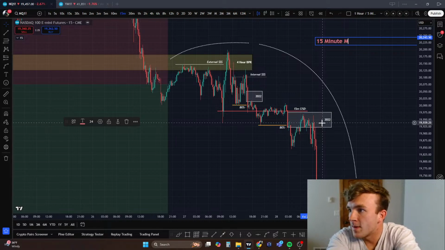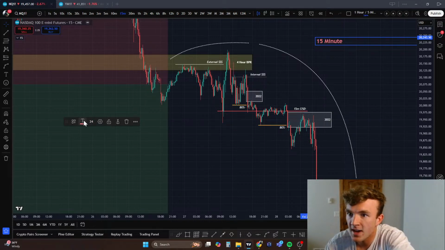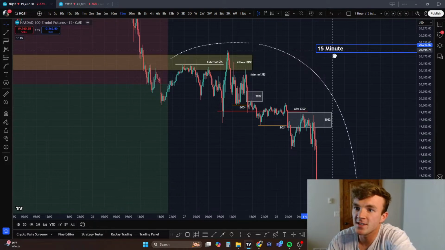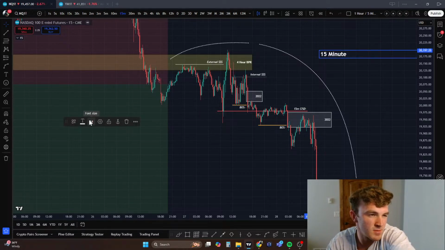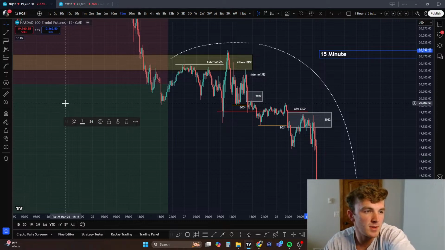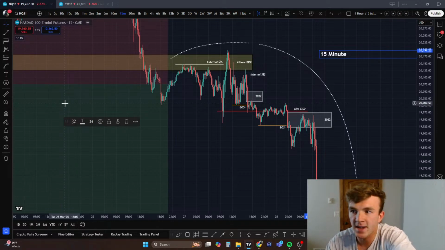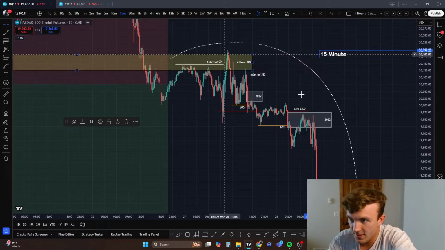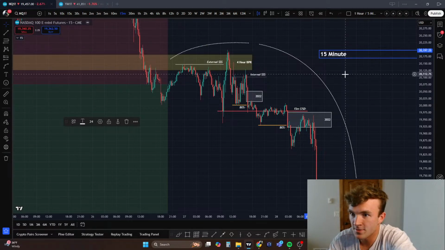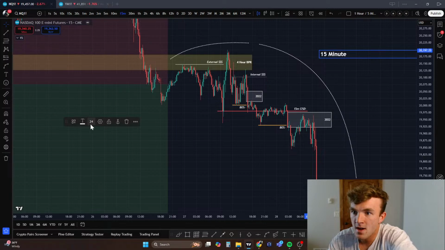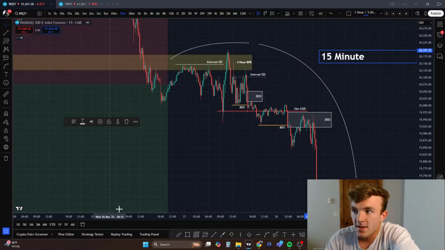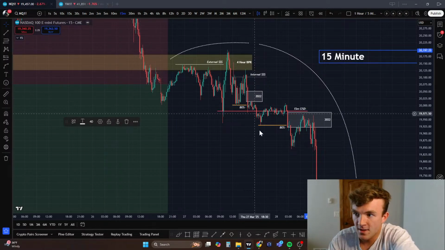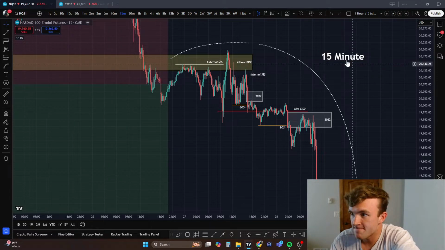15-minute market maker sell model. Actually, it's so interesting because as you look at these more and more, you start to realize the market maker sell models and the 2022 models are interconnected. The 15-minute, this is a market maker sell model, right? And then along the right-hand side of this, as we're moving down, we're getting all these 2022 models here, right?